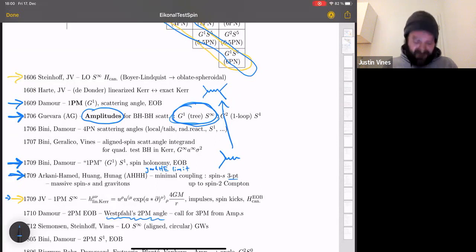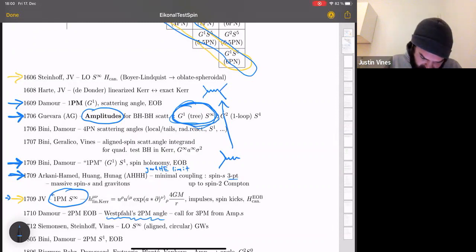And it was eventually made clear that that amplitude corresponded exactly to these classical results that started here, let's say. Also at 1PM, I should change that, 1PM, or all orders in G, all orders in spin at linear order in G.